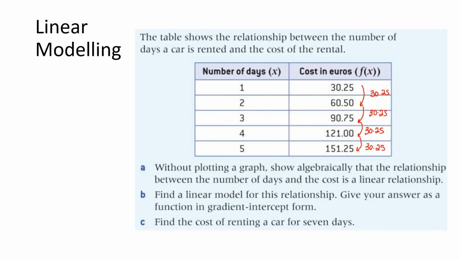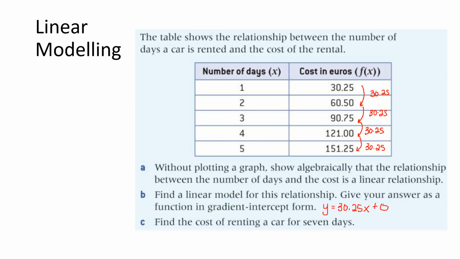So it says to find a linear model for this relationship and to give our answer as a function in gradient intercept form. So I need to find the y-intercept. So on day 0, if I subtracted 30.25, I'd be down to 0. So that means all I have to concern myself with is the slope, 30.25x plus 0.